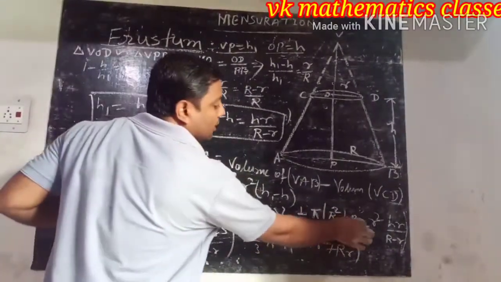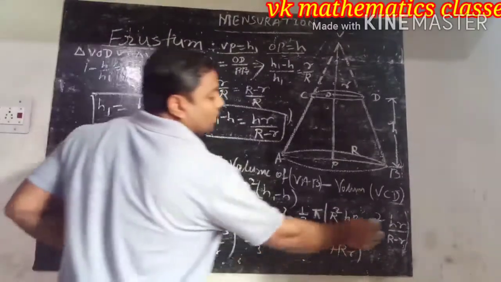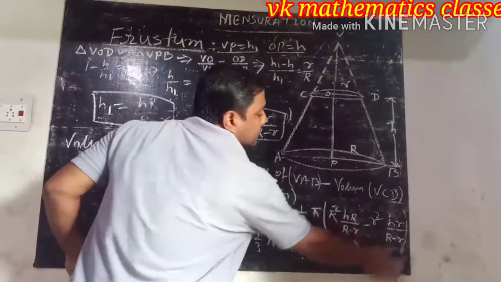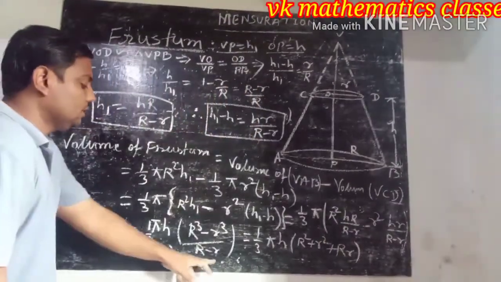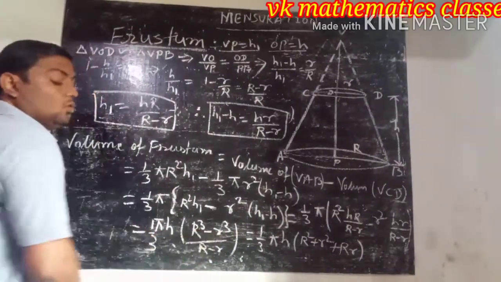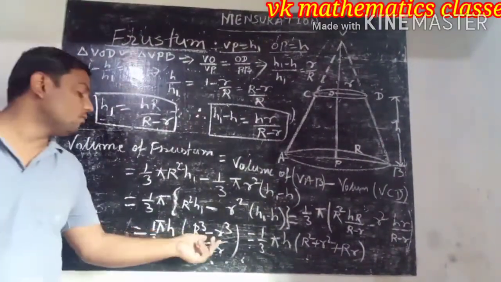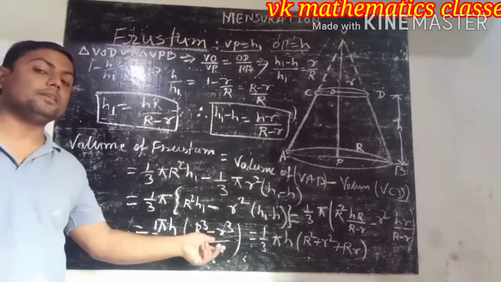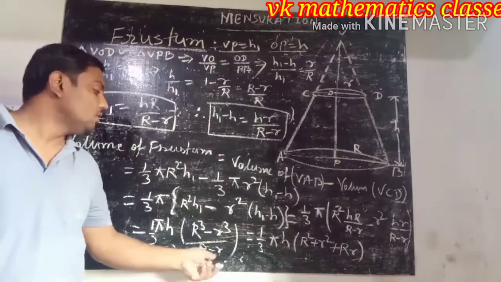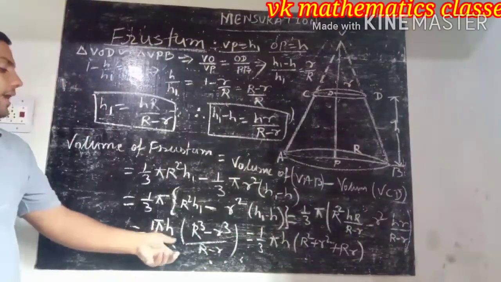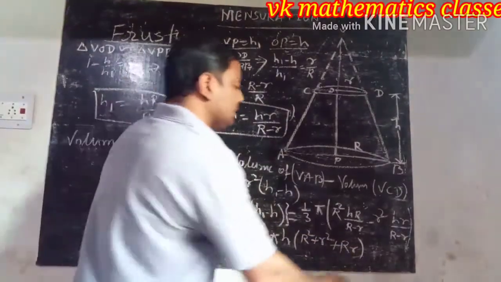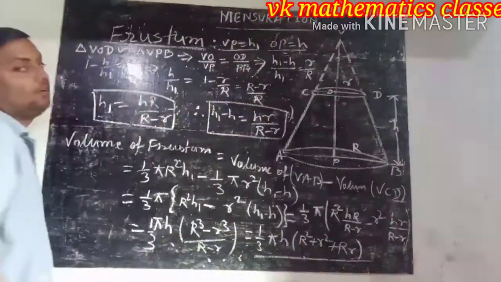Here R square into R is R cube, and r square into r is r cube, over R minus r. In both cases R cube minus r cube by R minus r. This is a cube minus b cube, formula a minus b into a square plus ab plus b square, and a minus b is cancelled here. So 1 by 3 pi h into R square plus Rr plus r square. This is the volume of the frustum.